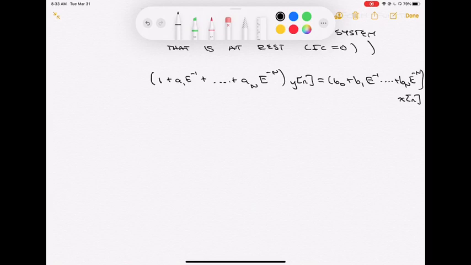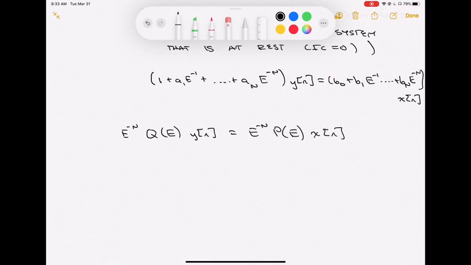We could have definitely gotten this by doing something like the following. I could have taken e to the minus n times Q of e acting on y of n being equal to e to the minus n P of e acting on x of n.